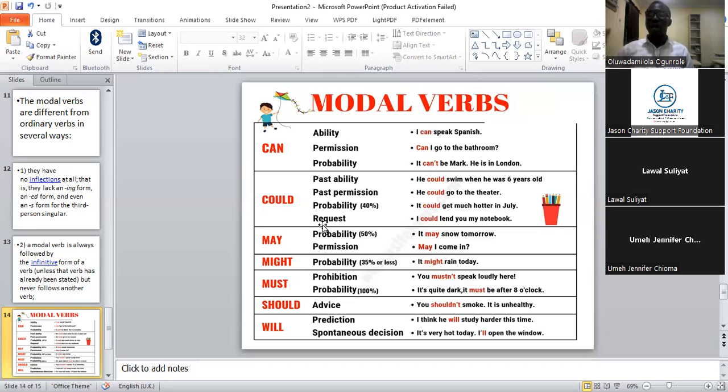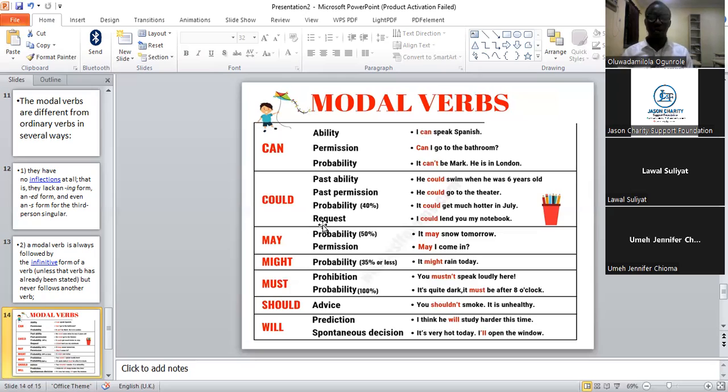Because Mark is far away. So it's showing a probable situation. So don't forget, for can, you can use it to talk about ability, to request permission, or to talk about probability. And the past tense of it, could, covers past ability, past permission, or probability. You can also use it to make requests, as we have said earlier.